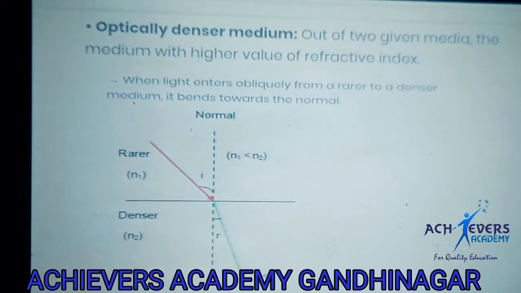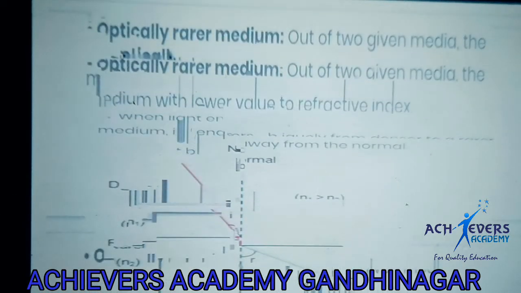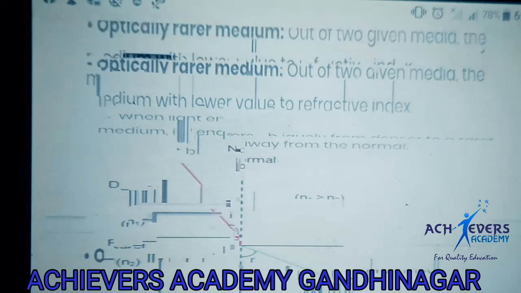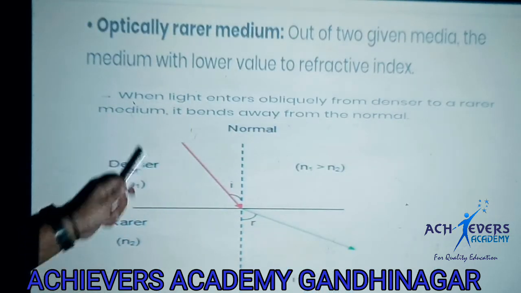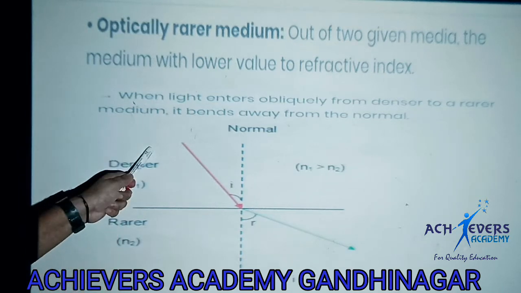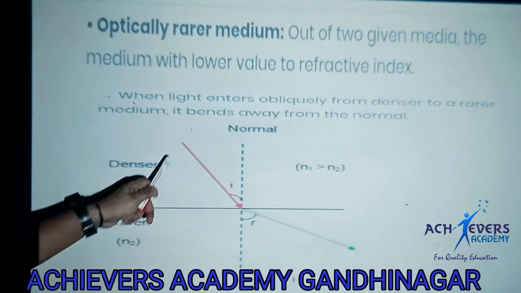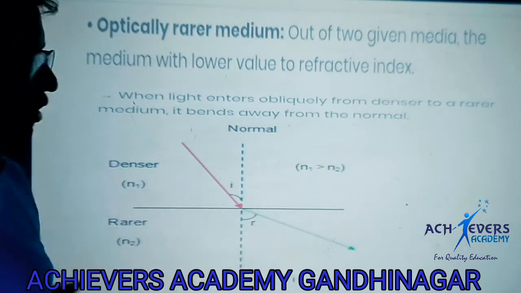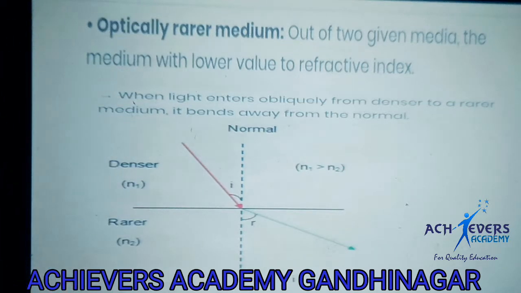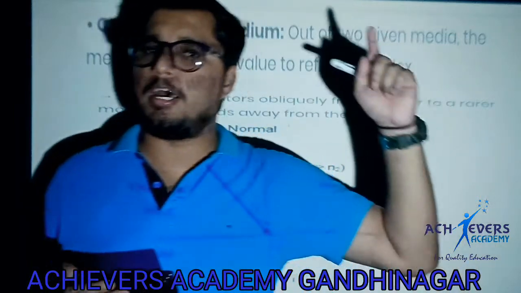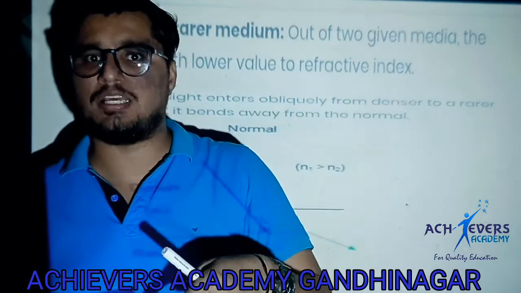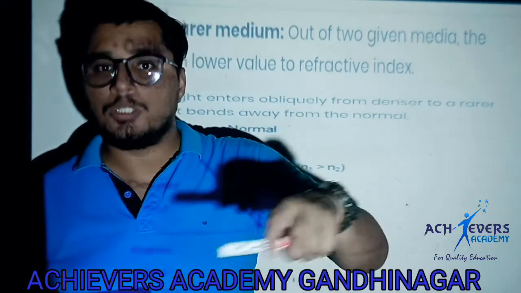Now see the difference. When it moves from a denser medium to a rarer medium, here it is the denser medium and here the rarer medium, meaning this is the glass and this is the air, what will happen? It will move away from the normal. Clear? Understand this point: whenever a light ray passes from a rarer medium to a denser medium, it will move towards the normal.